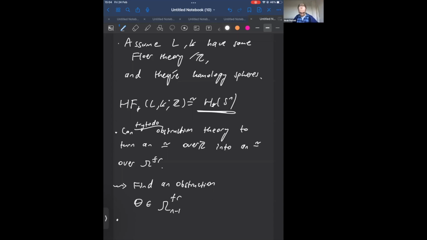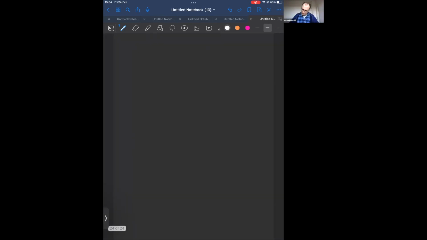So in the example before, theta is what I said, but I'm just going to write it. And so this isn't just something that gets in the way of us running the argument. It's actually a complete obstruction, or pretty close to it.